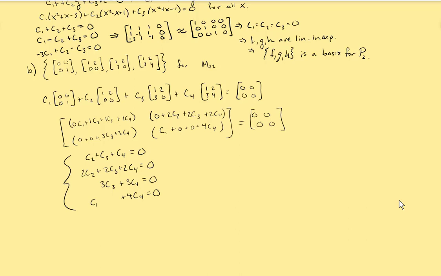So again, this is just a system of equations that we have to solve for these scalars. And if I pack that up into an augmented matrix, I get 0, 1, 1, 1, 0, 0, 2, 2, 2, 0, 0, 0, 3, 3, 0, and 1, 0, 0, 4, 0.